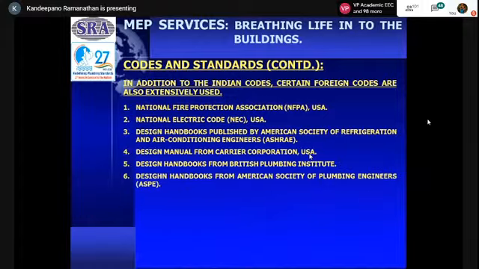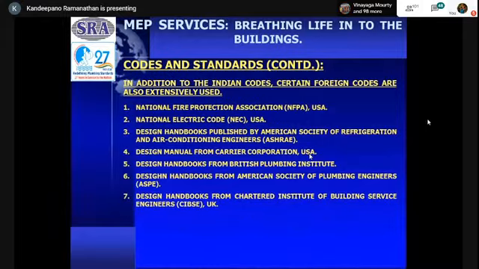And design handbooks from American Society of Plumbing Engineers, ASPE. Again, this is in 4 volumes. Very good design handbooks. Design handbooks from Chartered Institute of Building Services Engineers. In the UK, there is a separate institution for building service engineers.